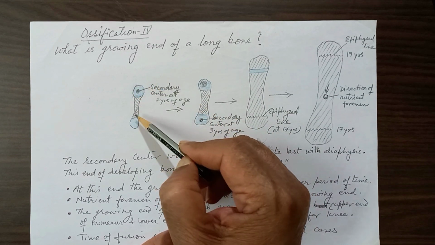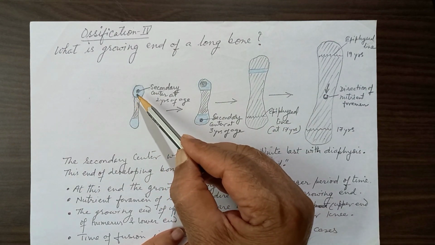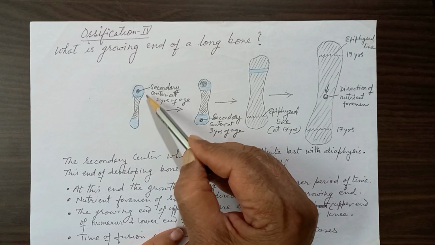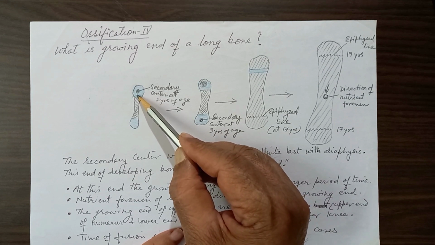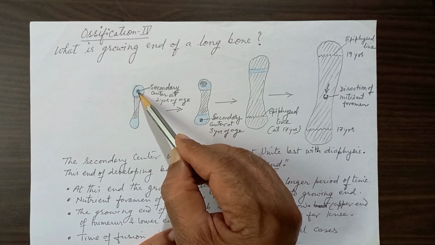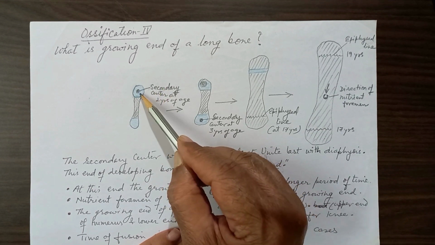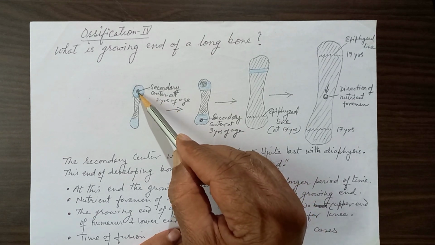For example, this is a long bone. If we take the example of the humerus, say the secondary center appears at the second year of age, then this end, which is cartilaginous, that is the epiphyseal cartilage, will show the appearance of a secondary center at the second year of age.